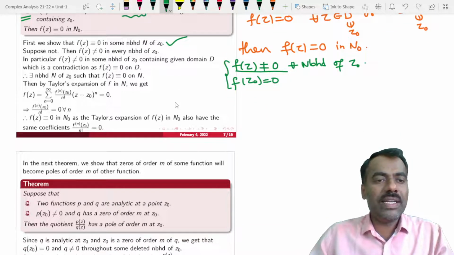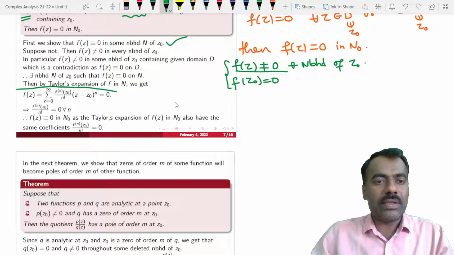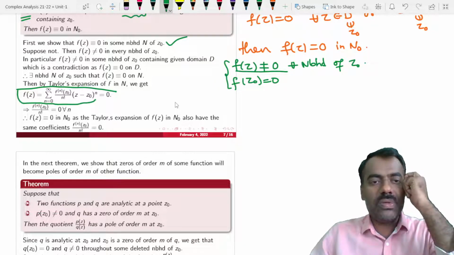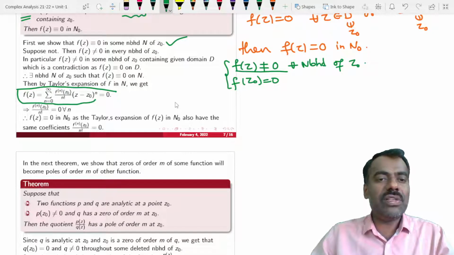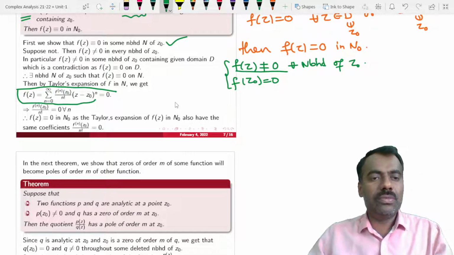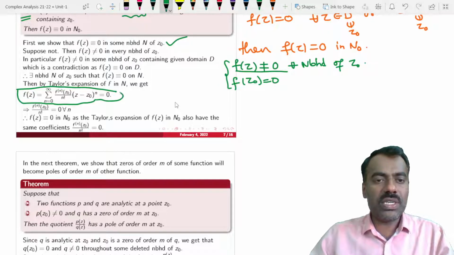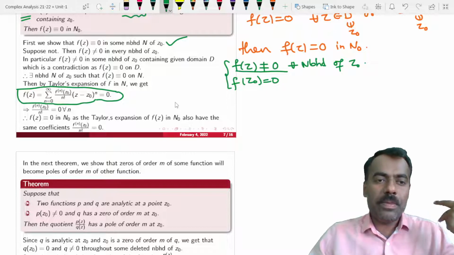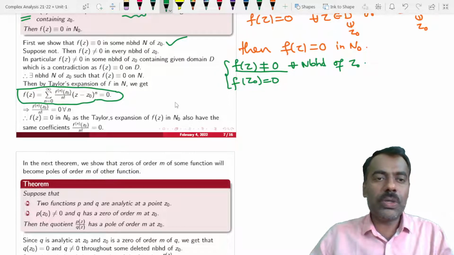So write f of z, that is this one: f of z is equal to summation f^(n) of z naught by n factorial times z minus z naught whole power n. But we know on this neighborhood it is 0, so this is equal to 0. This will be 0 if and only if all these coefficients, f^(n) of z naught by n factorial, are equal to 0.